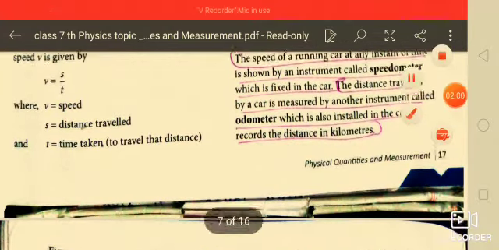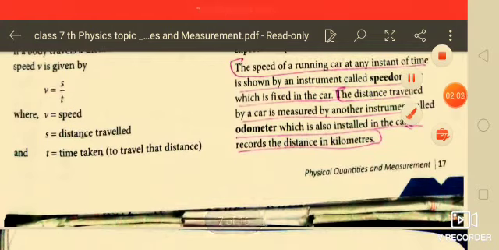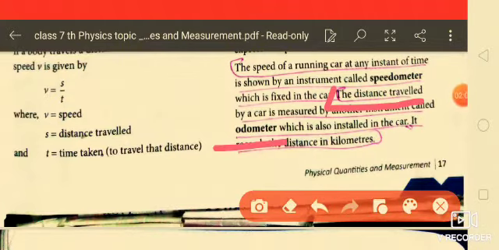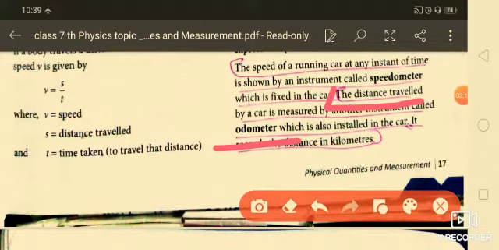The distance traveled by a car is measured by another instrument, that is called the odometer. Okay.